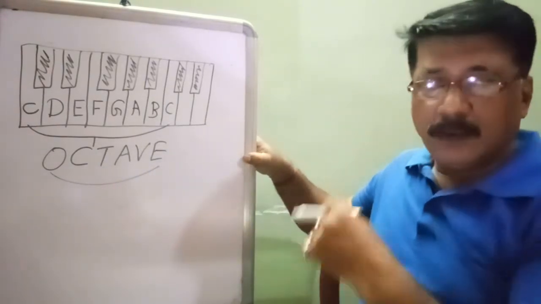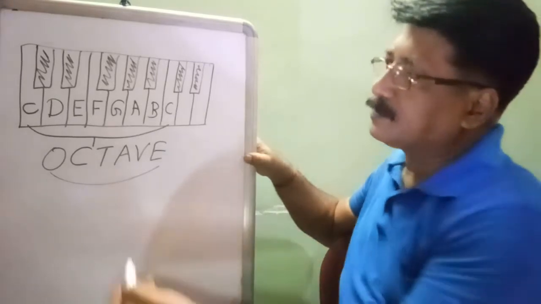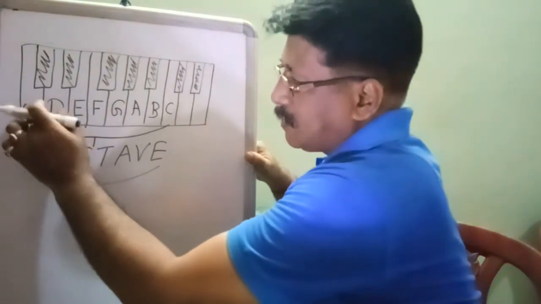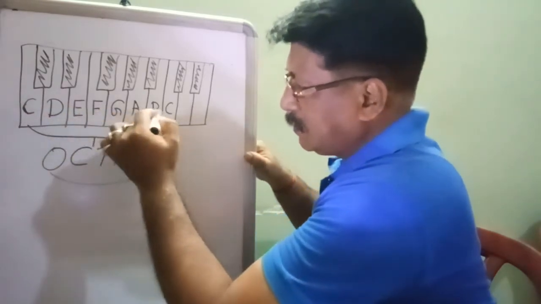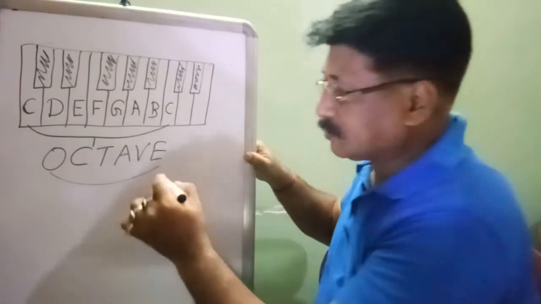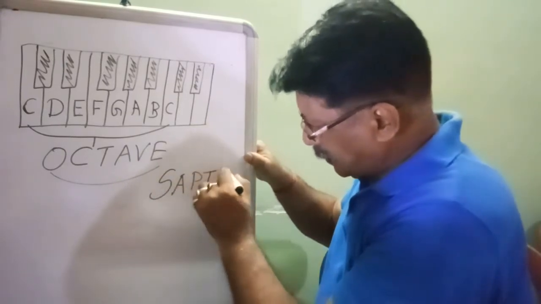O-C-T-A-V-E, octave. In Indian or Hindustani classical music, if we take C as sa, then sa, re, ga, ma, pa, dha, ni, sa, this group is called saptak. S-A-P-T-A-K, saptak.